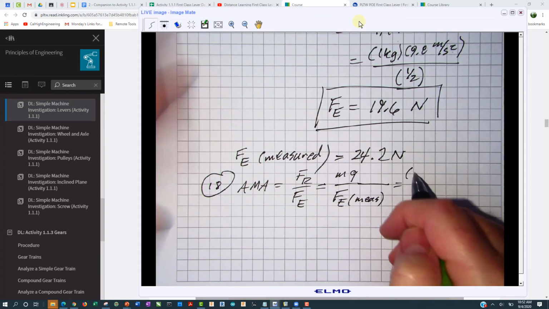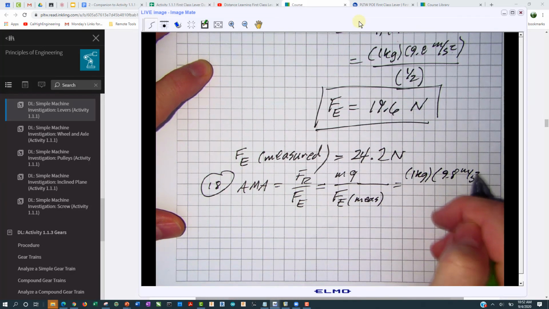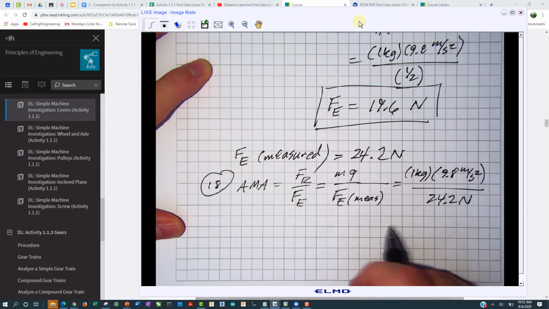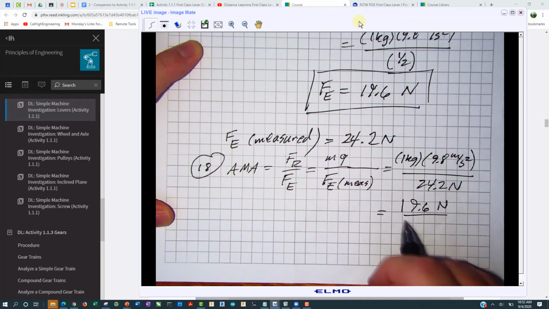So this is going to be 1 kilogram times 9.8 meters per second squared divided by 24.2 newtons. So that's 19.6 newtons over 24.2 newtons.